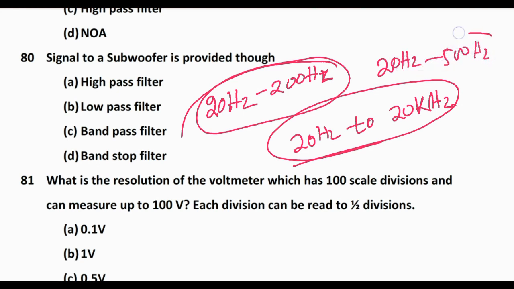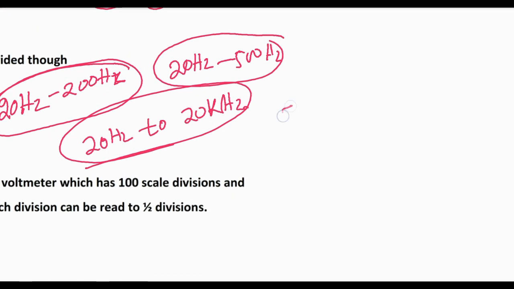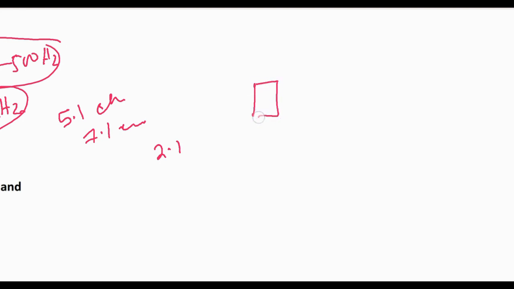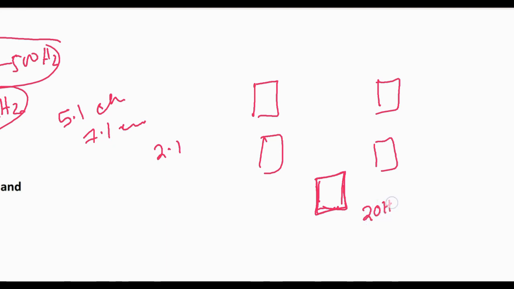Similarly, the woofer takes 20 hertz to 500 hertz. And we know that in case of audio systems, we must have listened to 5.1 channel, 7.1 channel, 2.1 channel. This means there will be satellite speakers. Suppose these are the satellite speakers which are taking the whole range of frequency, generally 20 hertz to 2 kilohertz.